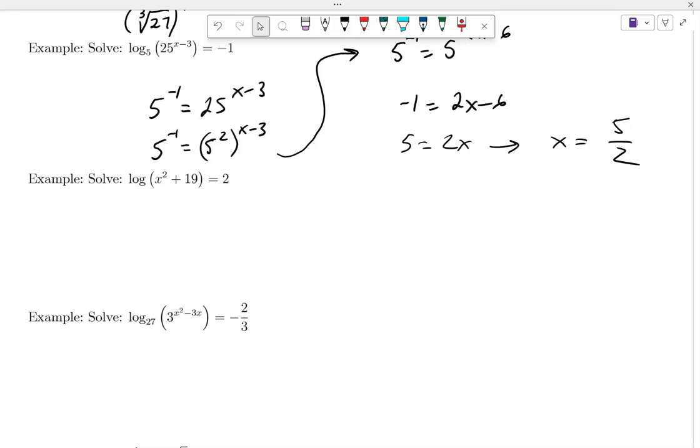When you see log all by itself, what base do we assume? 10, right? So how do we rewrite that in exponential form? 10 squared equals x squared plus 19.